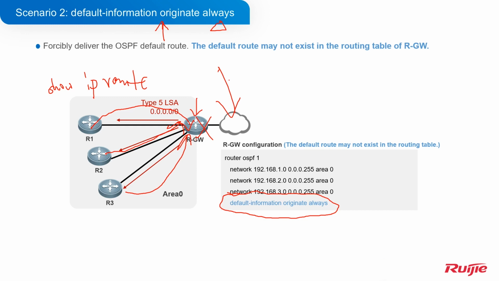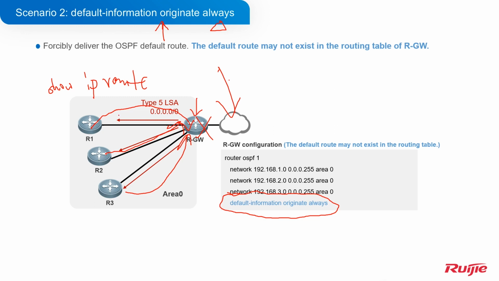So R1, R2, R3 actually have the routing entries, but the RTW doesn't have them. So now in the OSPF area, the devices have the routing entries but can't access the external network, because the RTW doesn't have the routing entries. So this is a problem if we use the default-information originate always command.